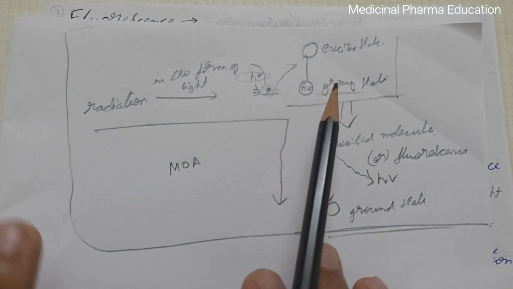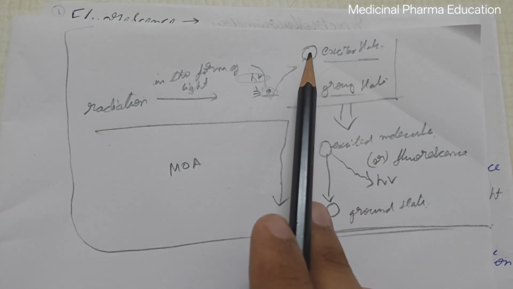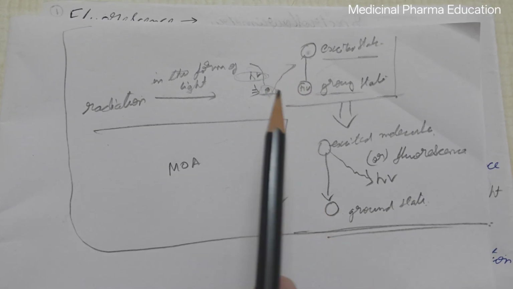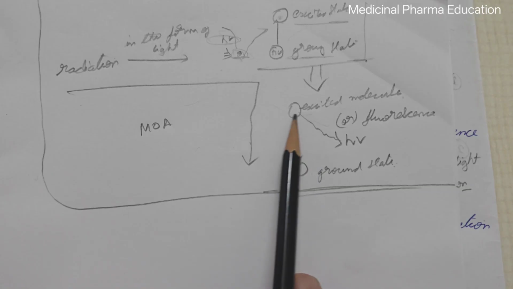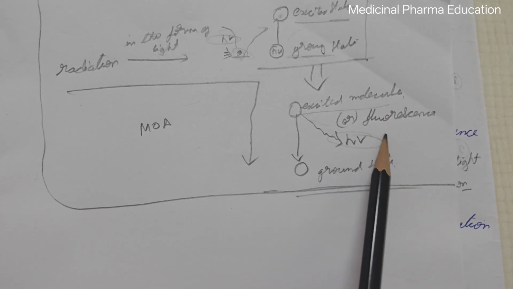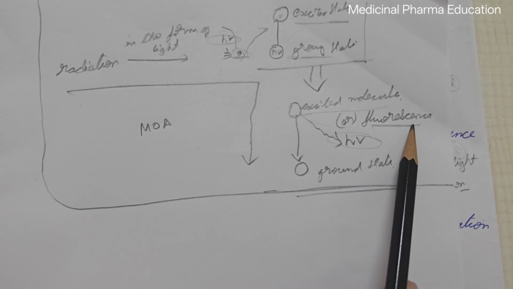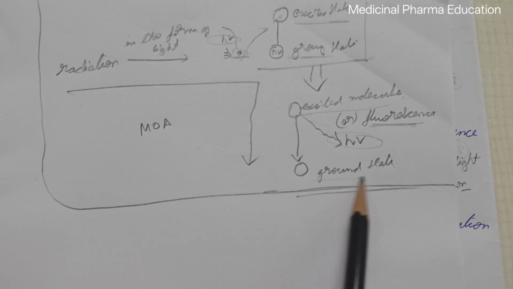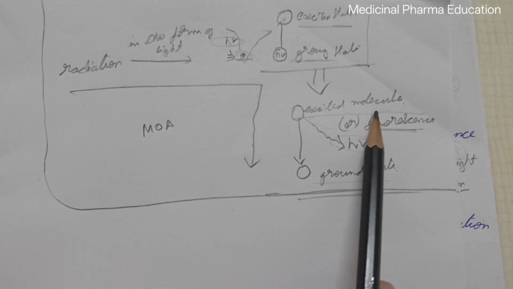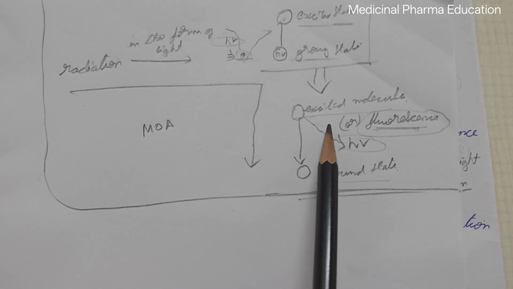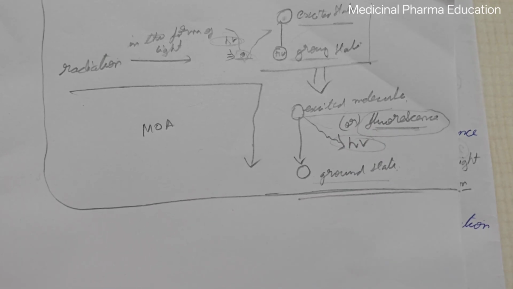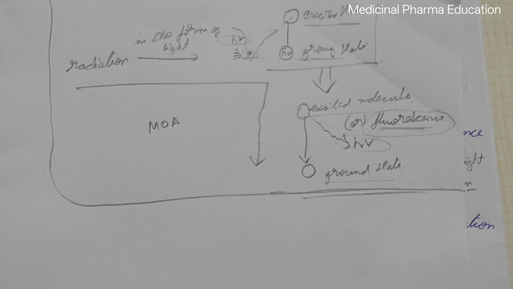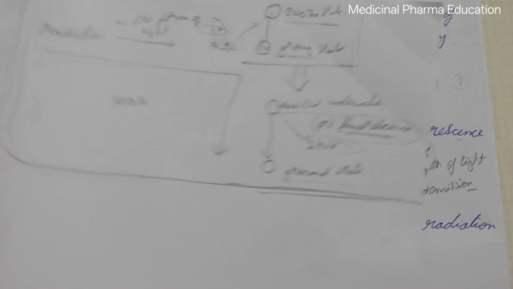The excited state contains a lot of energy, and as it is unstable, it releases the energy in the form of light, or fluorescence, and moves back to the ground state. The amount of fluorescence is measured by fluorimetry, and by this measurement we analyze the sample. This is the mechanism involved in spectrofluorometry.